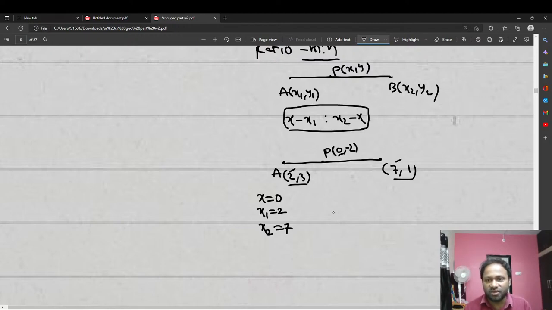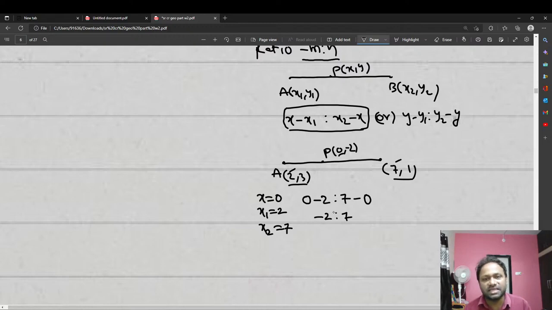What is the formula? x minus x1 ratio x2 minus x. That is 0 minus 2 ratio 7 minus 0, so the answer will be minus 2 ratio 7. Or we can say it another way, y minus y1 ratio y2 minus y. Both will give the same answer.